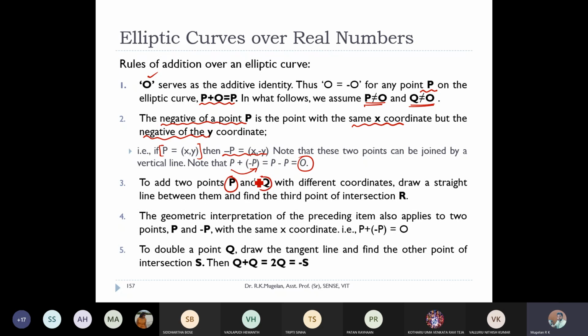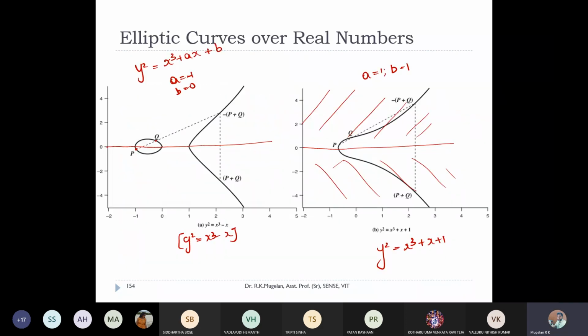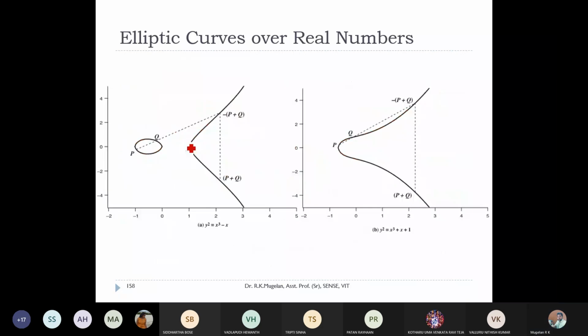To add 2 points, you have to draw a straight line connecting them, and it will intersect the curve at a third point called R. I have 2 points P and Q, and if I join this line, it intersects at a point called R. That is, R will be equal to minus of P plus Q. If you add P plus Q plus R, it gives the identity point O. And you can see the minus version of this one is here. That is your negative version.